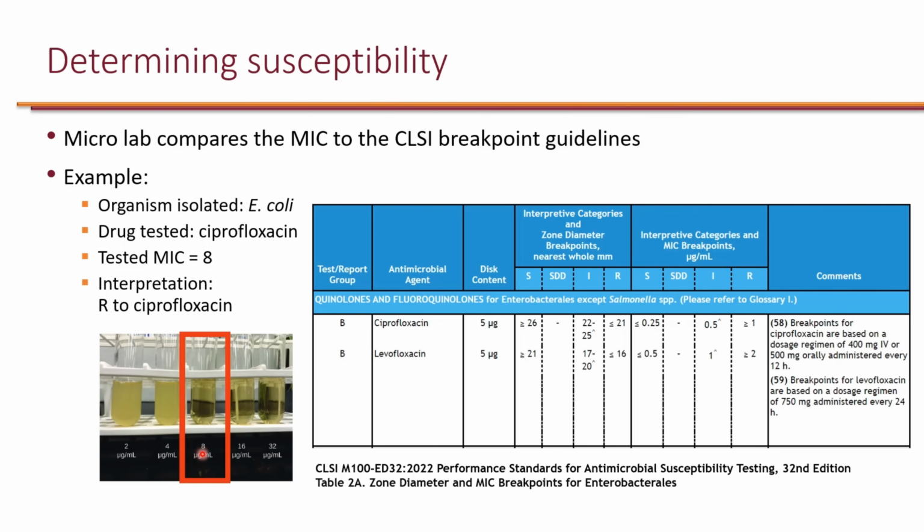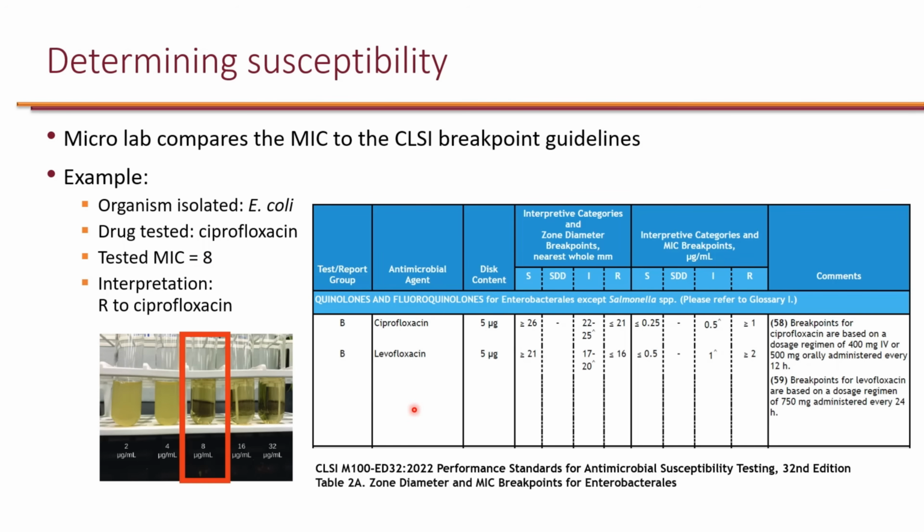So the minimum concentration needed to inhibit E. coli in this example was 8. So MIC is 8. Now, just knowing the MIC alone doesn't tell you anything about what you can do. And I should say this is ciprofloxacin in these test tubes. So just knowing the MIC is 8 doesn't tell us whether we can use ciprofloxacin or not. So what we need to do is interpret this MIC.